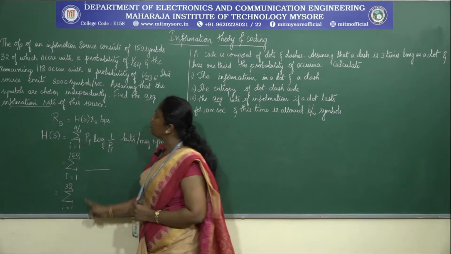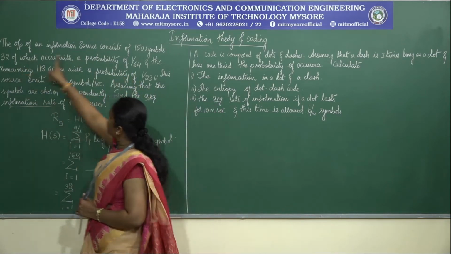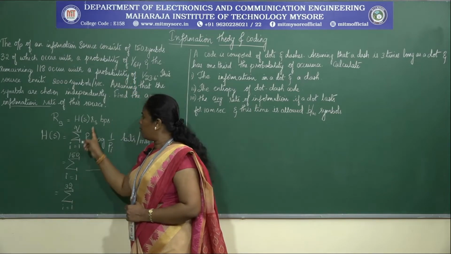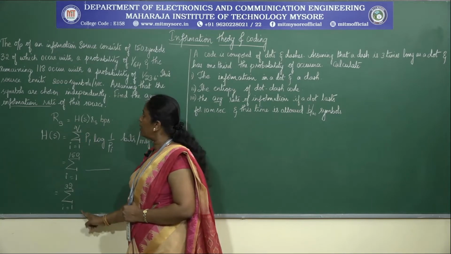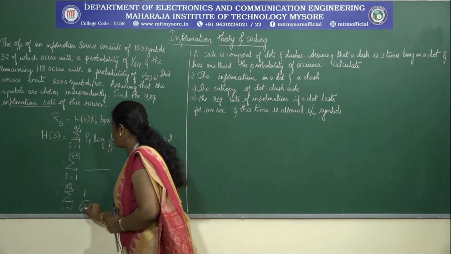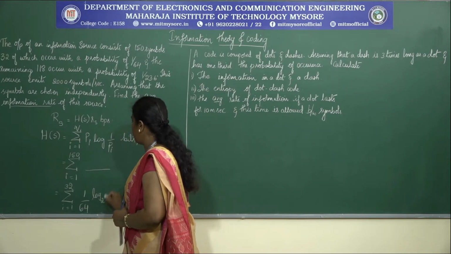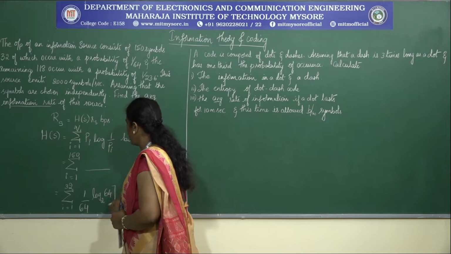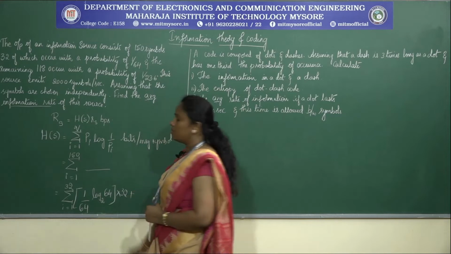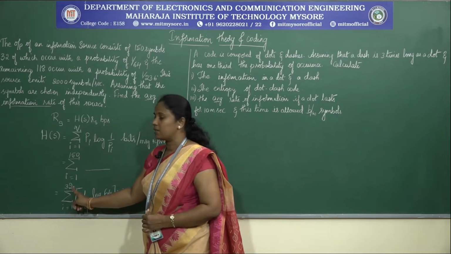Among them, how many occur with a probability of 1 by 64? 32 of them. So for these we get Pi log base 2 of 1 by Pi, that is 1 by 64 log 64 multiplied by 32, plus, since we need to consider totally 150 symbols and we have considered only the first 32 symbols.